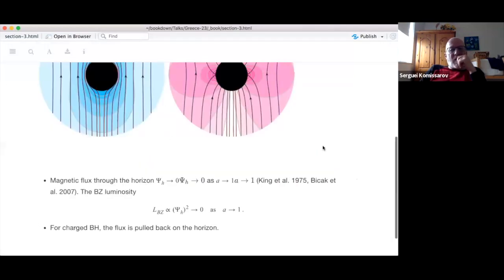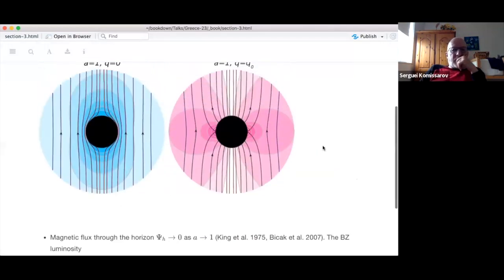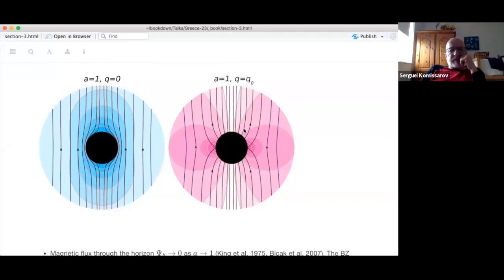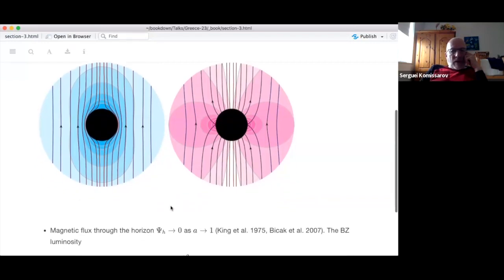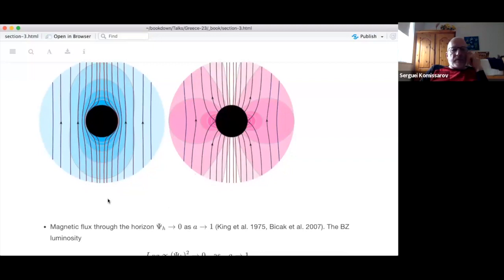Okay, now I want you to look again at those two solutions and look at the behavior of the magnetic field lines. So I'll focus on the field lines. As you can see here, magnetic field lines are trying to escape the event horizon.